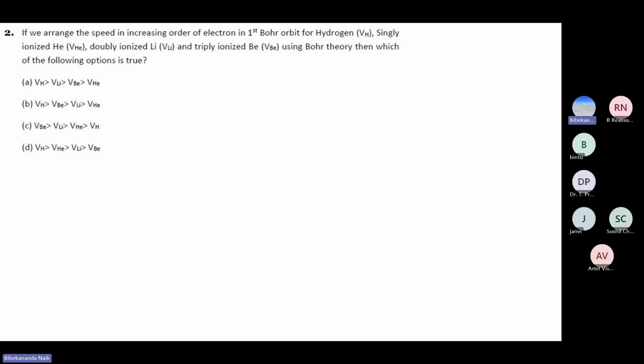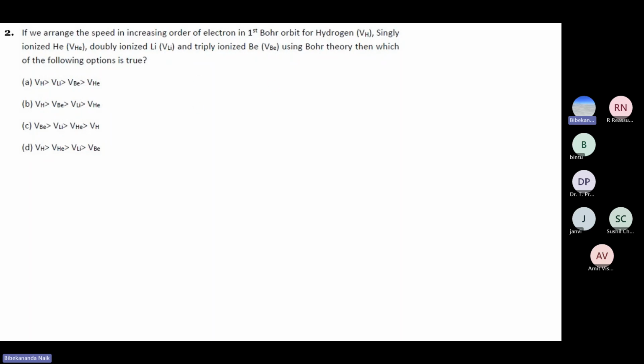So all these atoms, which are ionized or hydrogen atom, all have one electron, and this one electron is orbiting around the nucleus in different energy levels. So we can apply here Bohr's theory of the hydrogen atom.